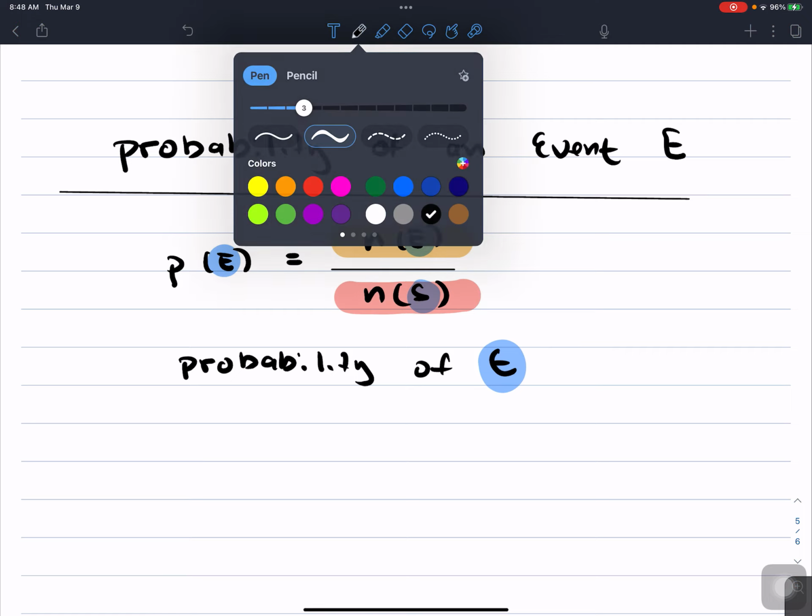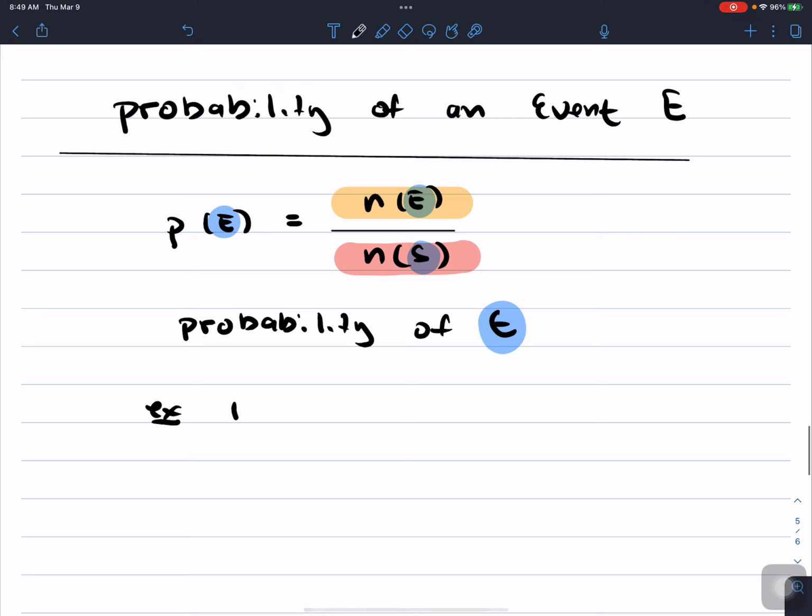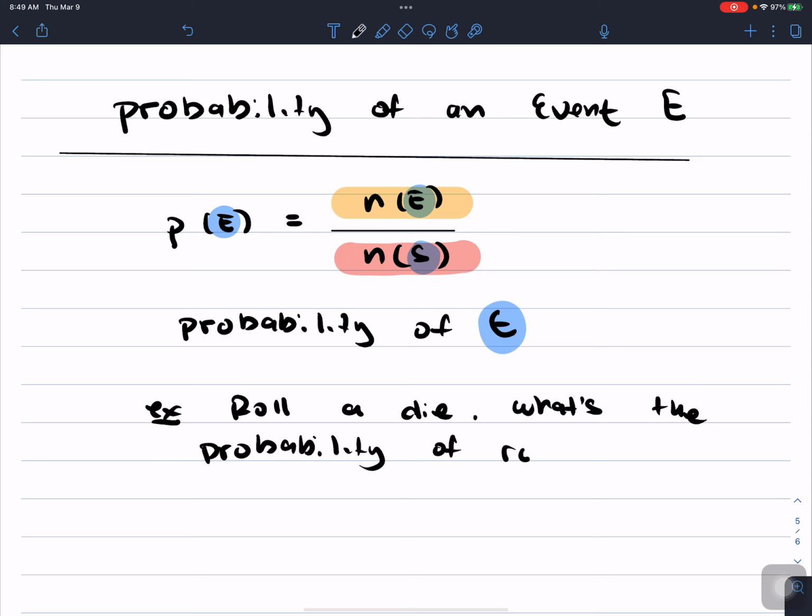So what I'm going to do now here is this. As my first example for you guys, we're going to go back to the idea that you roll a die here. Okay? That's your experiment. You're rolling a die. And now they're going to ask, what's the probability of rolling?